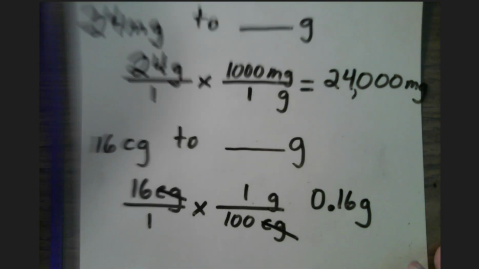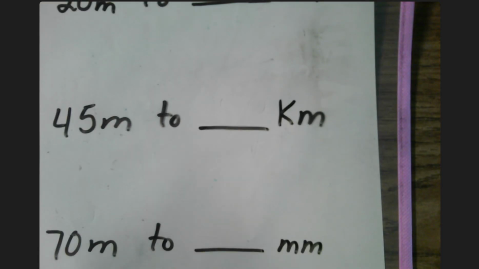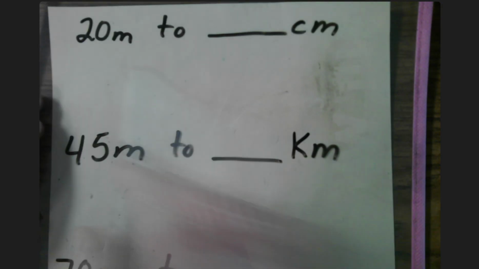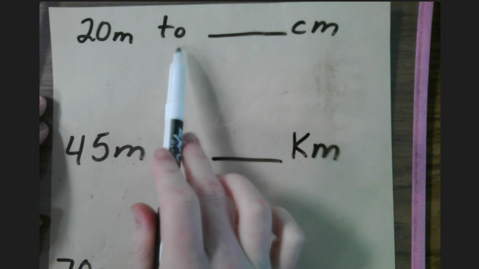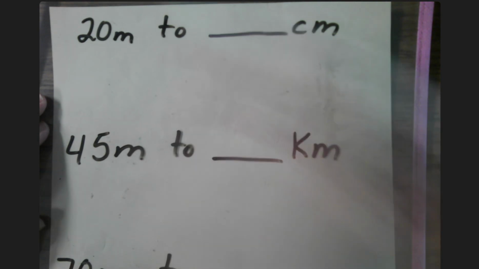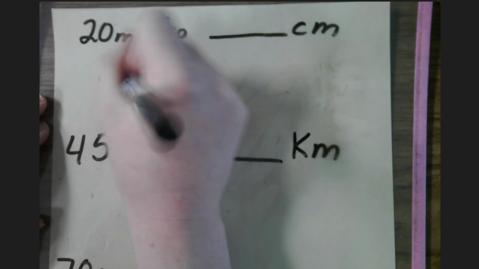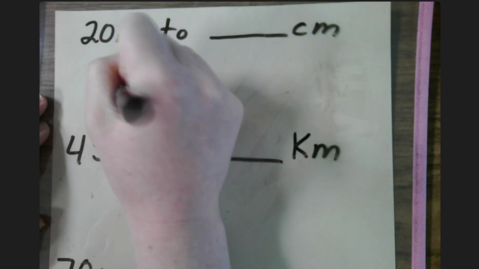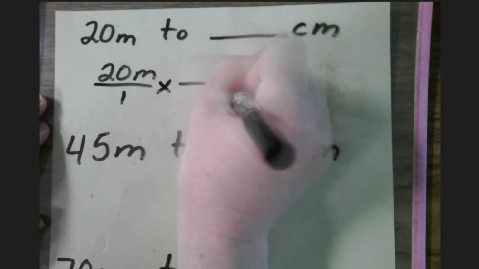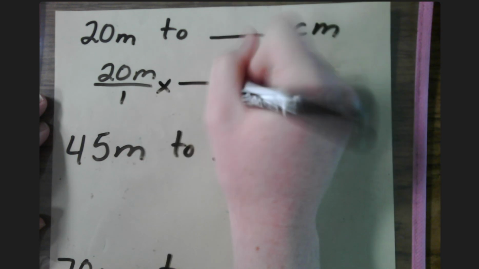Let's look at a different type using meters. Okay, so we have 20 meters, and we're trying to get to centimeters. So let's start with what we know. We have 20 meters over 1. We're going to multiply that. We want to get to centimeters, but we need to use meters down here to cancel it out.